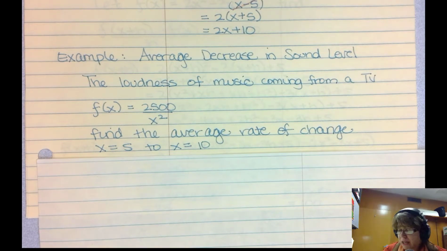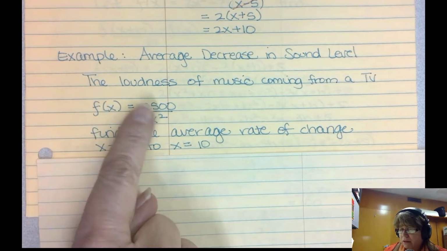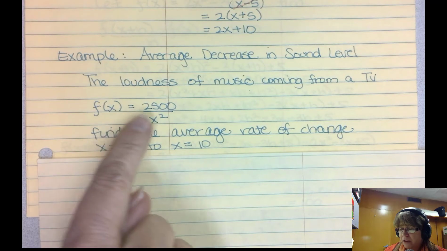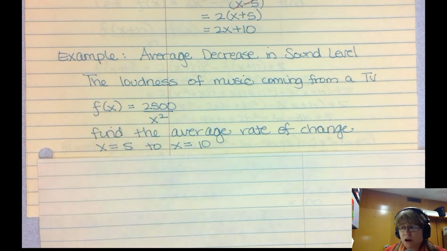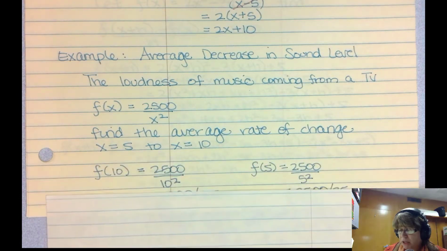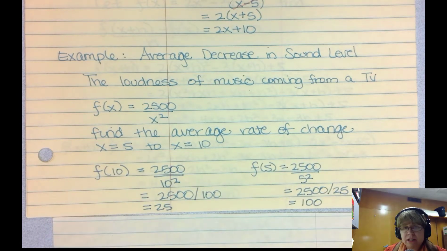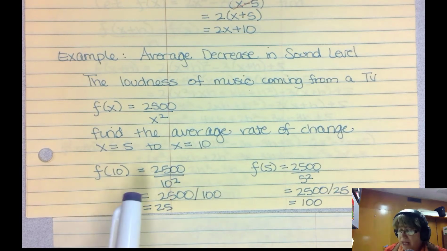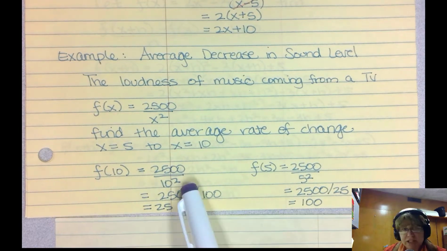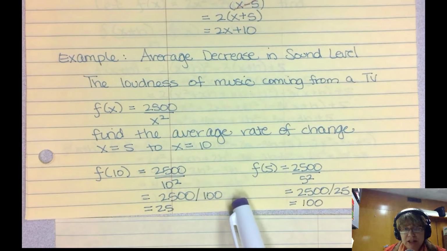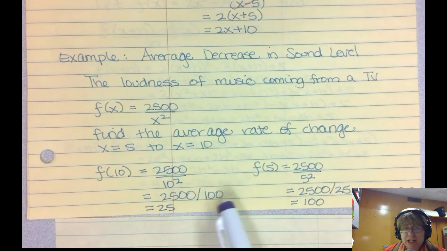Now I'm going to plug in 5, figure it out, plug in 10, figure it out, and then we're going to throw it into our formula again. So these are easy calculations, so I'll show them both at one time. F of 10 is going to be 2500 over 10 squared. 10 squared is 100, so 2500 divided by 100 is 25.